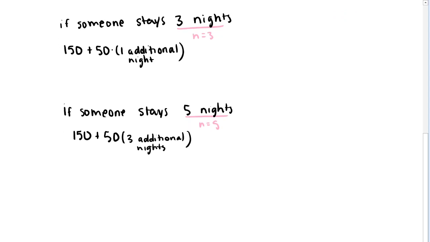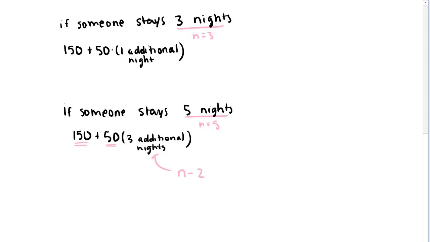And you might be able to see here that this 150 is always going to be there if they stayed more than 2 nights, and they're always going to be paying 50 for each of the additional nights. And how do we compute the additional nights? The additional nights are the number of nights stayed, n minus 2.